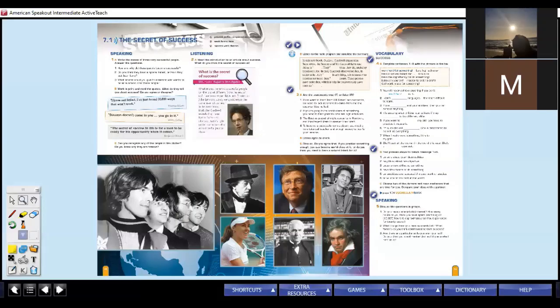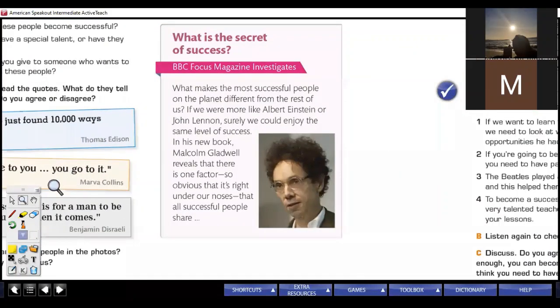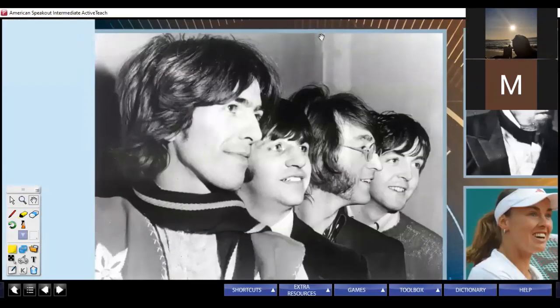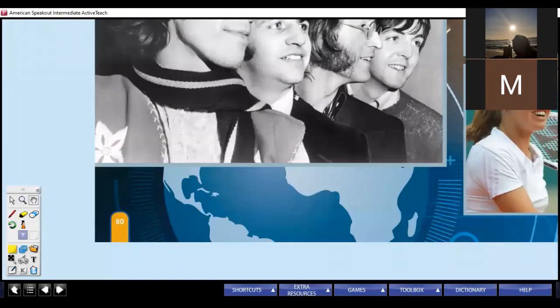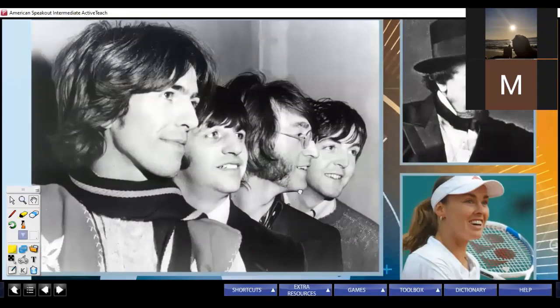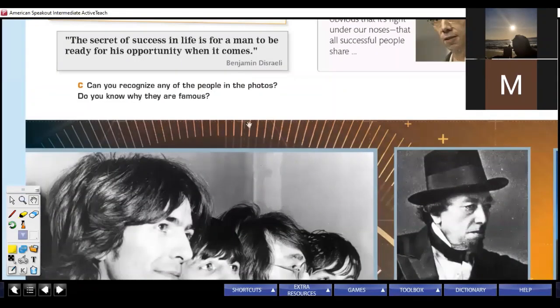So this is what we are going to do today. Now, this is page number 80. If you have your books, you can open them and go to that page, please.